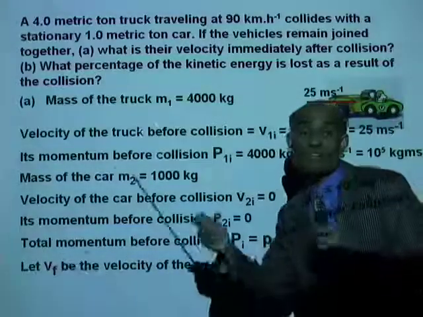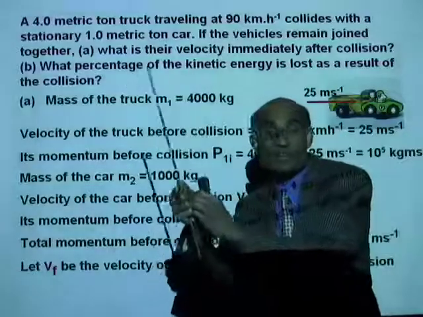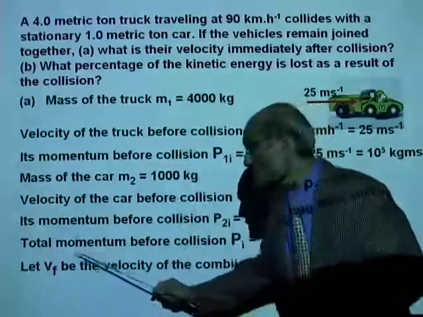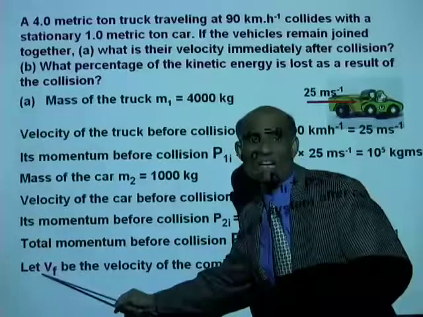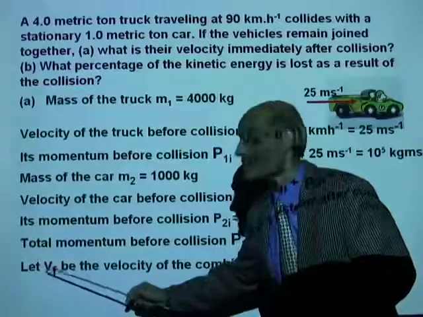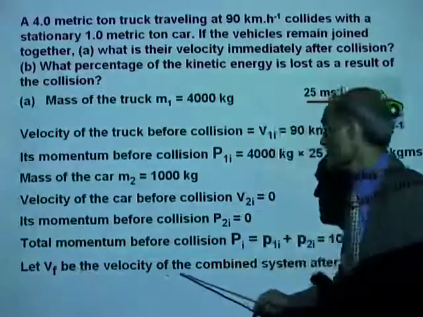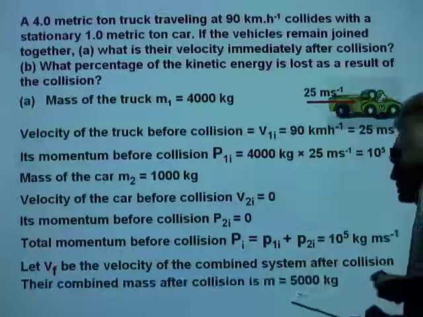We need to find the velocity of the system after they collide. They collide, join together, and let's assume that the combined velocity of the wreck after they collide is Vf. Let Vf be the velocity of the combined system after collision.